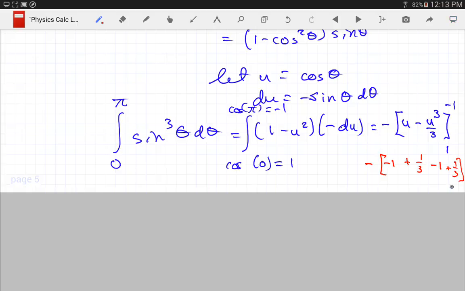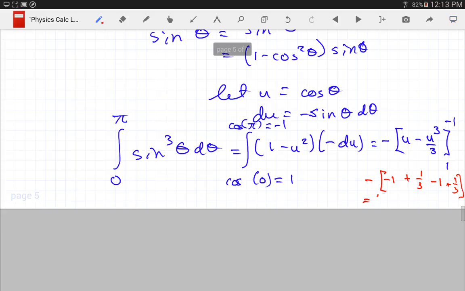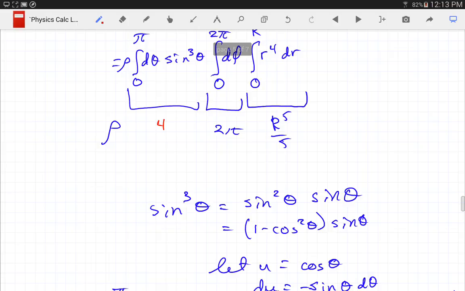Plus a third means minus 1 1/3, my sign, plus 1/3, or 4/3. Equals 4 over 3. So I can come up here and put in 4 over 3 there. So 4 times 2 is 8. 3 times 5 is 15.